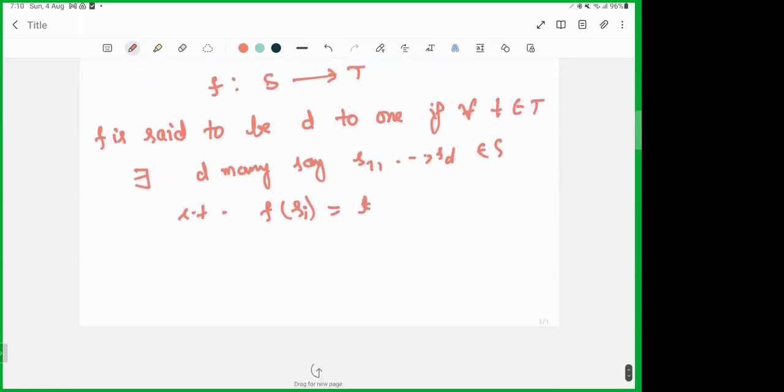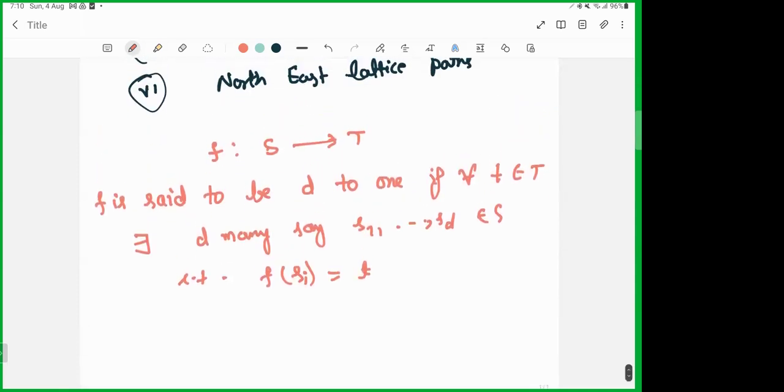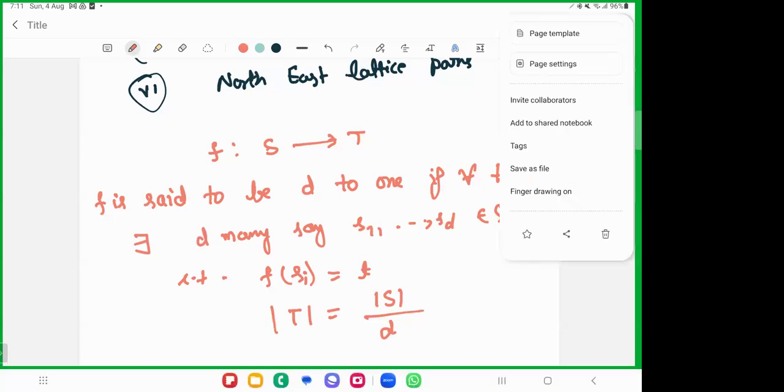Then the division principle says that cardinality of T is cardinality of S divided by D. This is division principle. Okay, so let me add the next page.